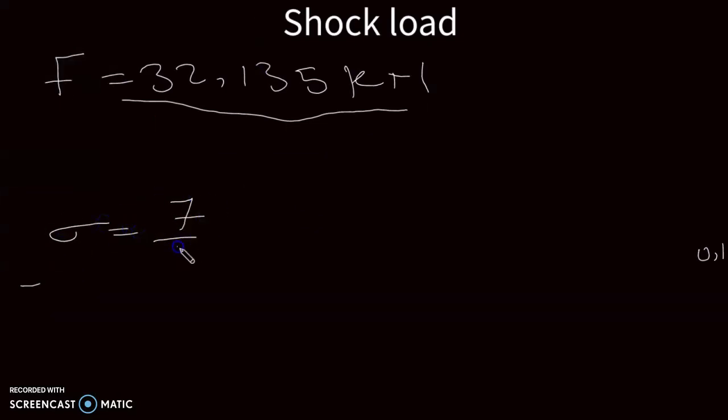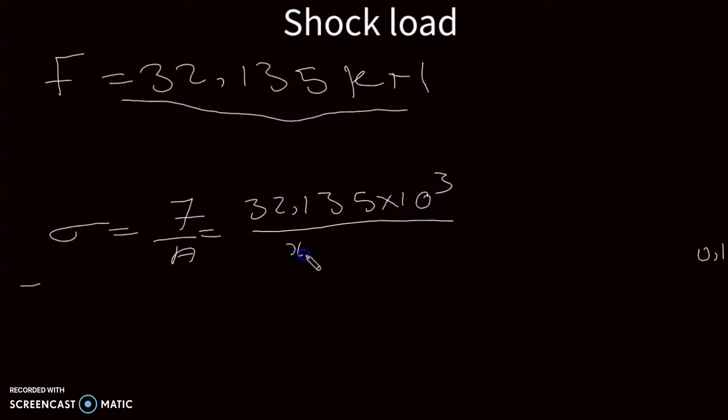Force divided by area. And then our force is 32.135 times 10 to the power 3 divided by the area, which is pi d squared divided by 4. We're going to use the small diameter, which is 0.03 squared, because we're looking for the maximum stress.